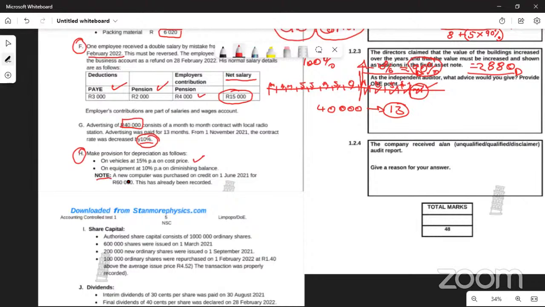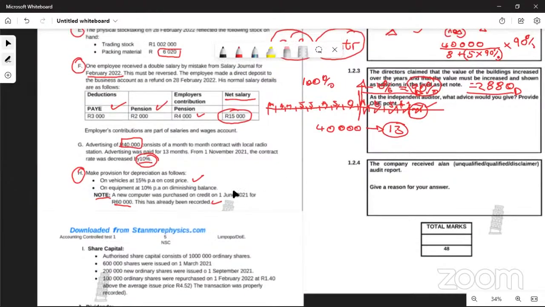One note: a new computer was purchased on credit on 1st June 2021 for 60,000. This has already been recorded, so the 60,000 is already in the cost price you see on your pre-adjustment.